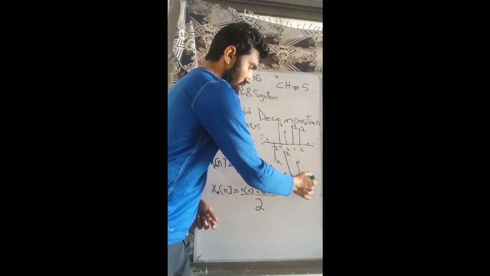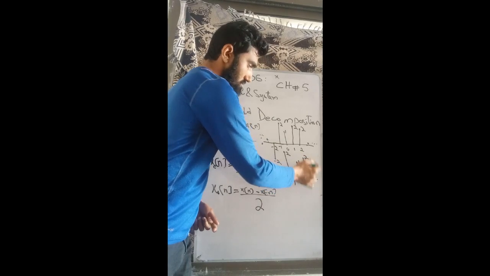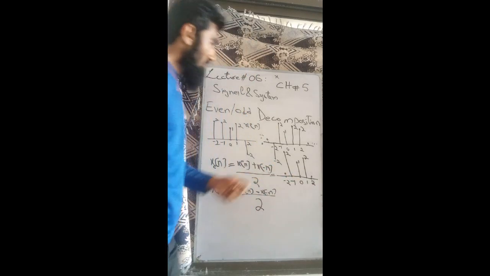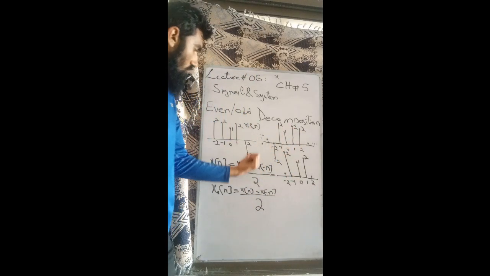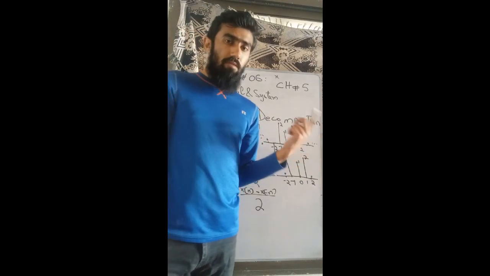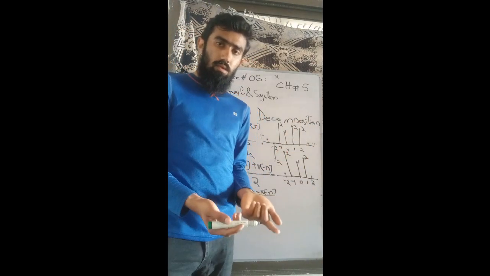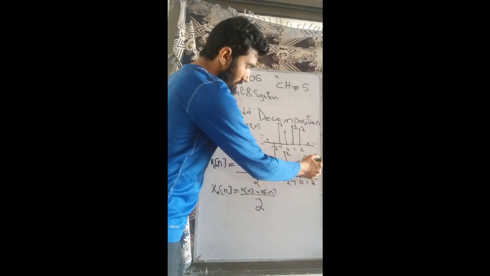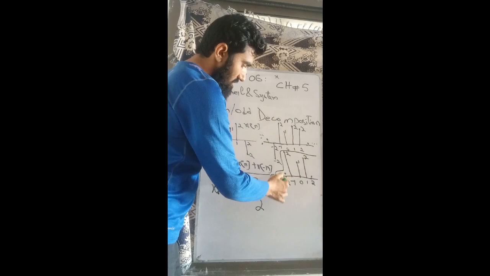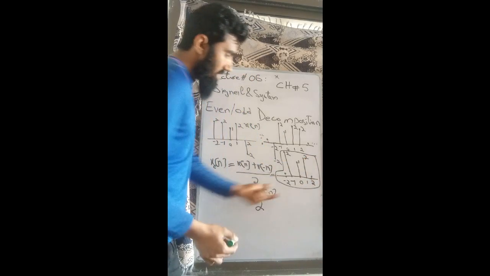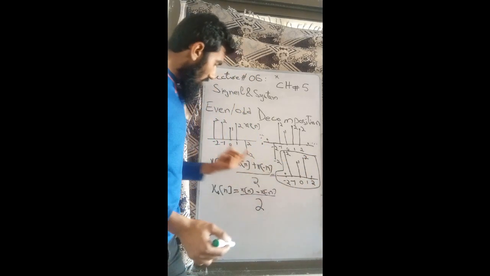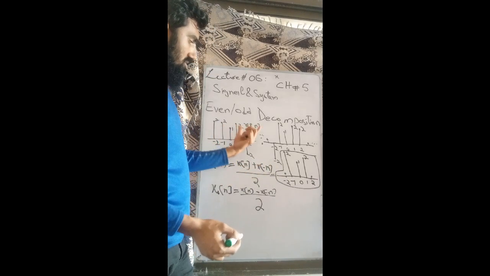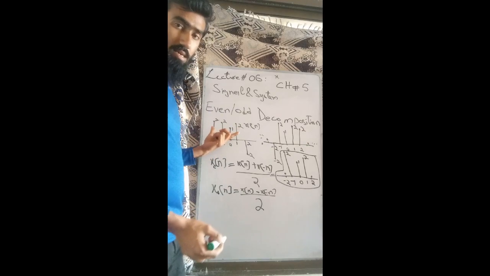So at 1 we have 2, and again at 2 it is 0. Look here, 2 minus 2 is 0, divided by 2 again 0. So the signal that we get here is nothing but the even part of this signal. We have decomposed the even part from this complex signal.